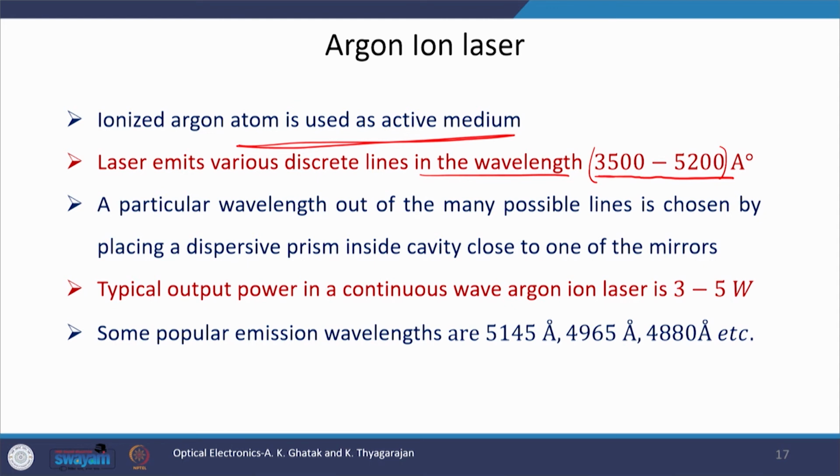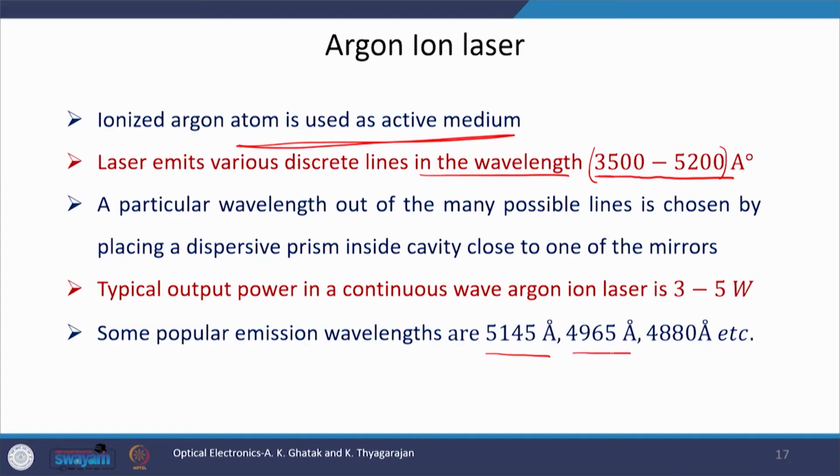A particular wavelength out of many possible lines is chosen by placing a dispersive prism inside the cavity close to one of the mirrors. The prism will disperse the light in different directions. One wavelength will go in one direction, while another wavelength will go in a different direction.